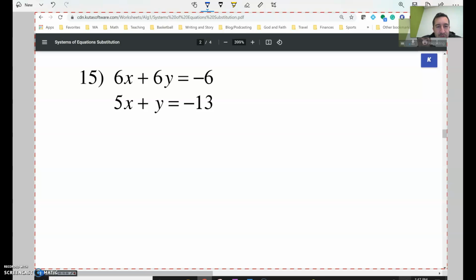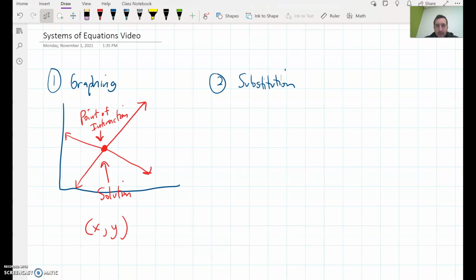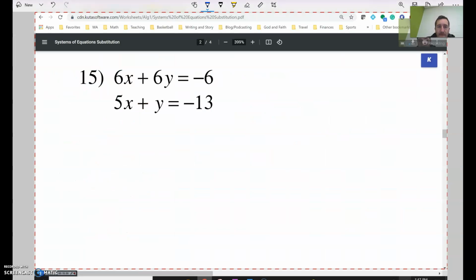So the way you do substitution is you look for a variable that you can isolate. So for the substitution method, we look to isolate one variable. It can be either or, x or y. I think when you see here that the best one to isolate is going to be this one because it's already by itself for the most part.